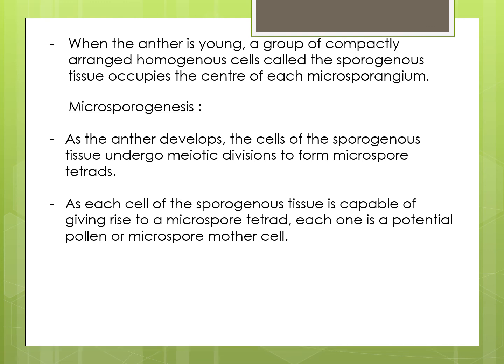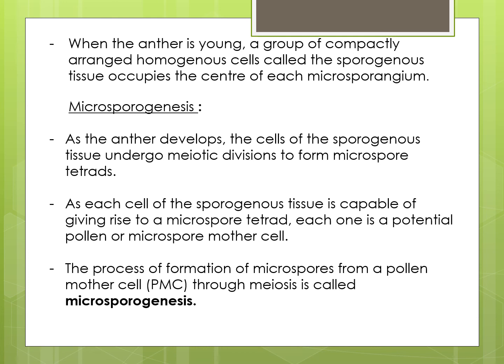So sporogenous tissue undergoes meiotic division and forms microspore tetrads. And inside the microspore tetrad, there are microspore mother cells that help in the formation of microspores or pollen grains. The process of formation of microspores from a pollen mother cell, PMC, through meiosis is called microsporogenesis.